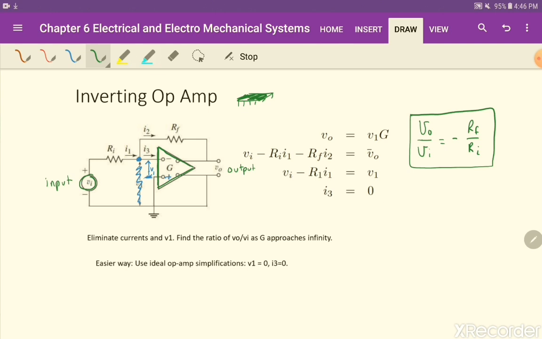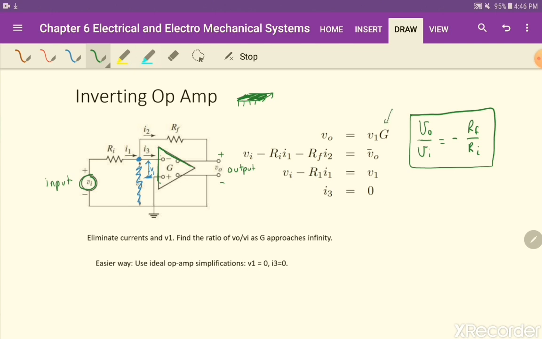The first equation is the op-amp equation that says V out is V1, the difference between these two terminals, times G. In the previous slide, I had a negative sign. They're both correct. In this case, I reversed the polarity in the picture, so when you put in the negative and positive, you get a positive negative voltage.